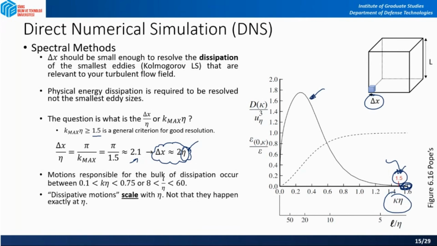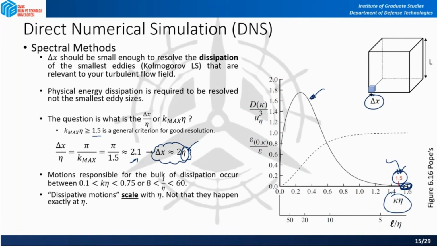The motions that are responsible for the bulk of dissipation occur between 0.1 and 0.71 of k times eta, or if you want to represent it as L over eta, it is between 8 and 60. It is considerably larger than the Kolmogorov length scale.